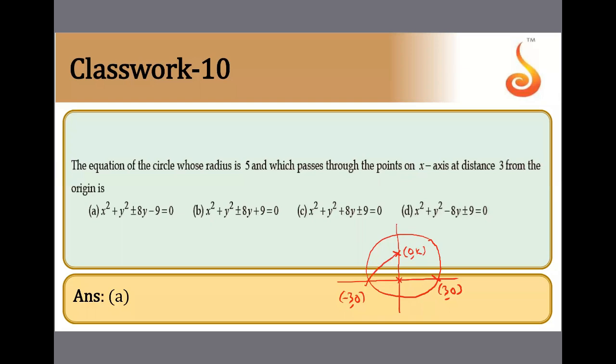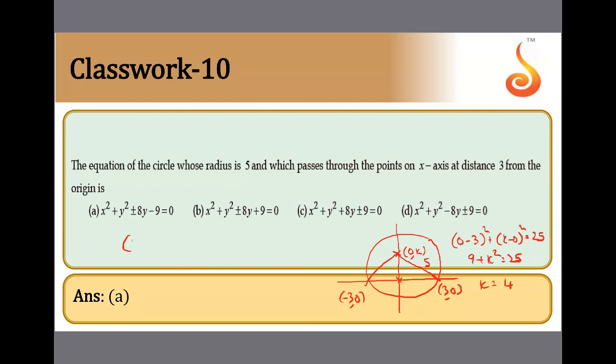Obviously, this is radius. This is also radius. Radius is given as 5. So (0 minus 3) whole square plus (k minus 0) whole square is equal to 25. So we get 9 plus k square equal to 25, and k is equal to 4, the center.